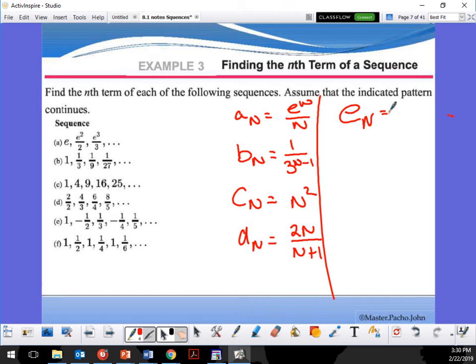Alright, so we're going to say that this is going to be negative 1 to the n, right? And then it's going to be what? 1 over n. Okay, so it's times 1 over n.